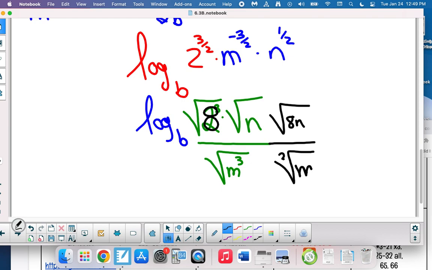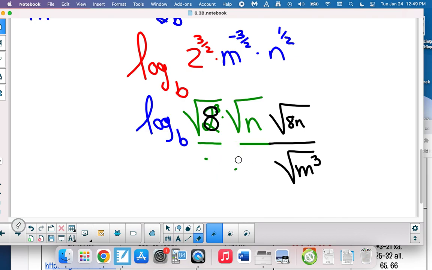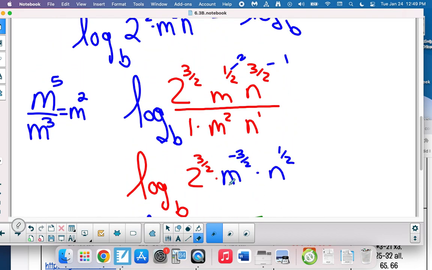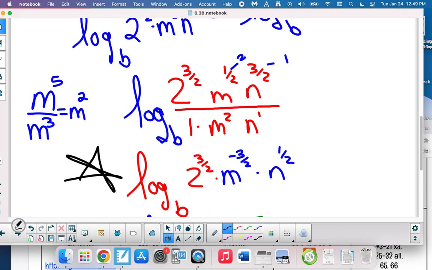Sorry, I meant to do this. Do we have to write our answers like that? No, I'm not telling you that, I'm just trying to show you this. The book is going to keep going until they get here, and I'd be super happy right there. If you get to that point, you did all your exponents just fine.